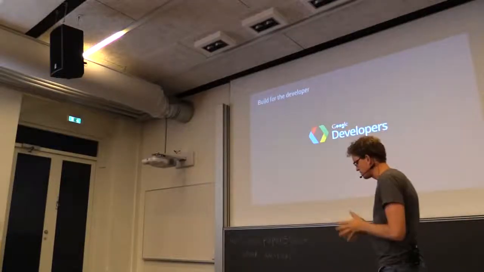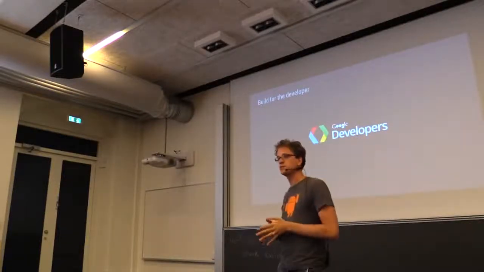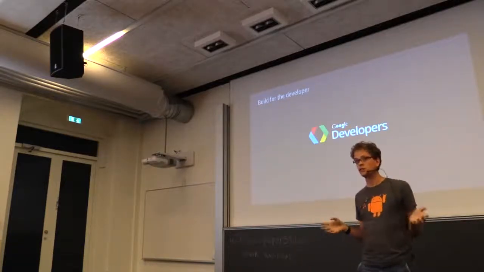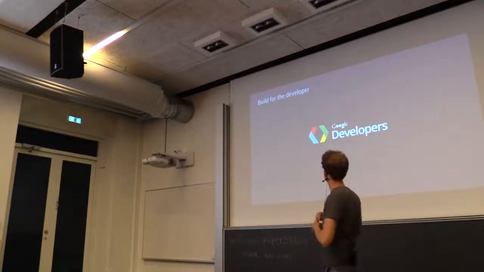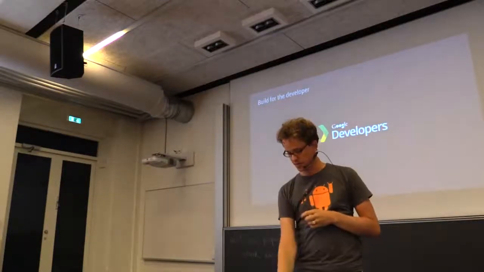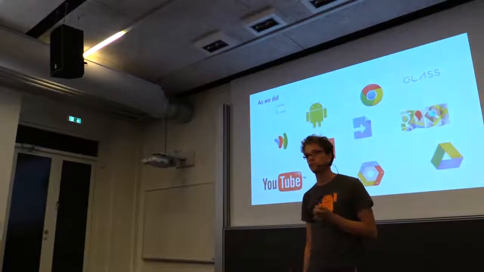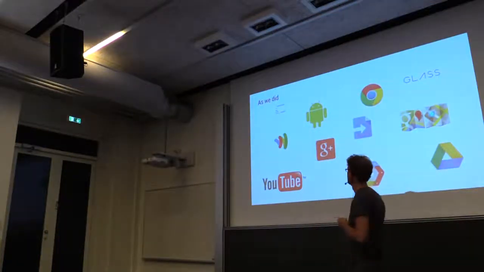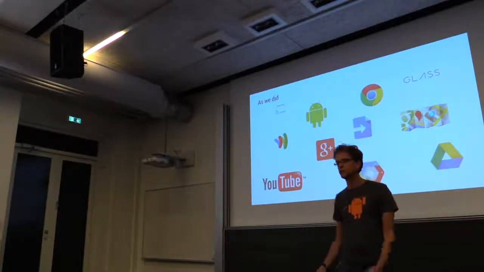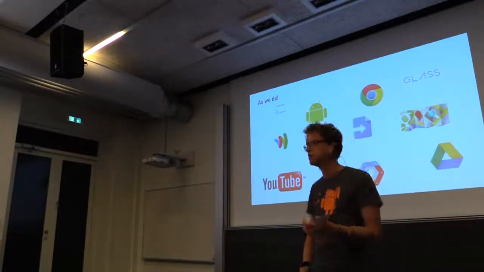Then, if you have a standard, and if you want to work with these end users, you have to build for developers. So one of the reasons I think Google has been a very successful company is that we try to focus on what the developer need actually is. And we create APIs on top of most of our products. So Android, we have to work with thousands and thousands of developers to actually be able to utilize this phone.